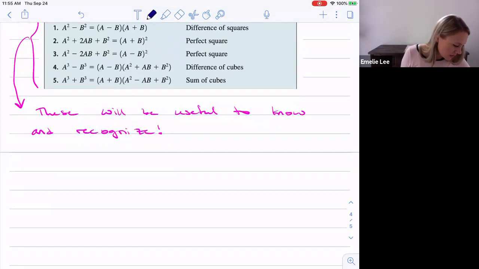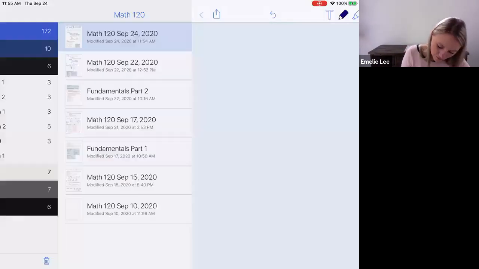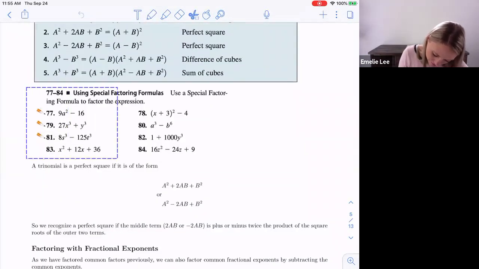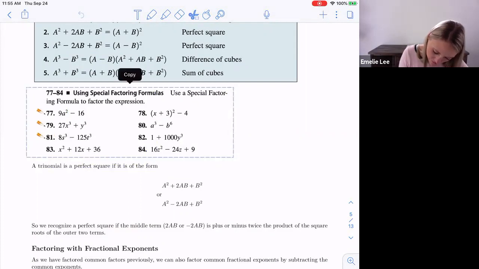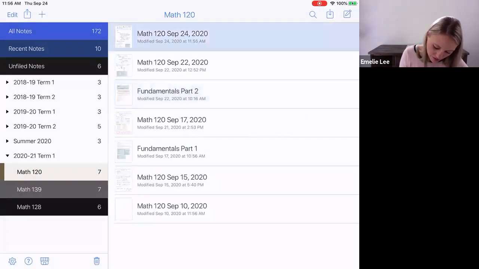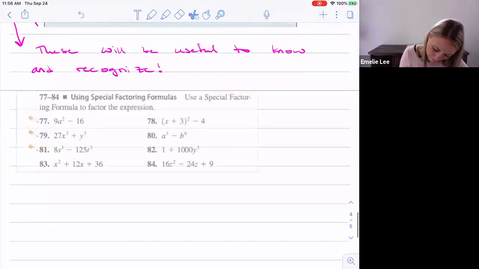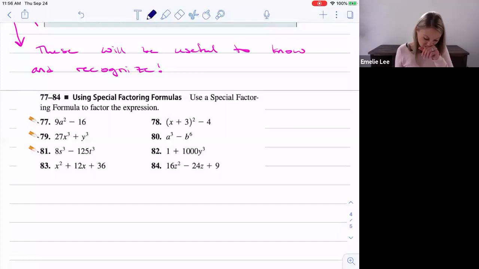Let's do a quick example here. We're going to use the special factoring formula. And which one are we going to do? Which one looks good?